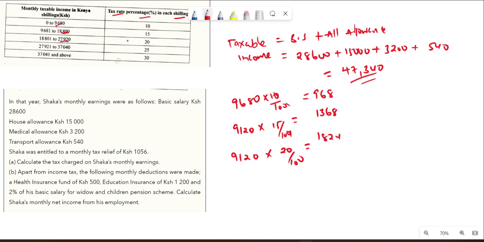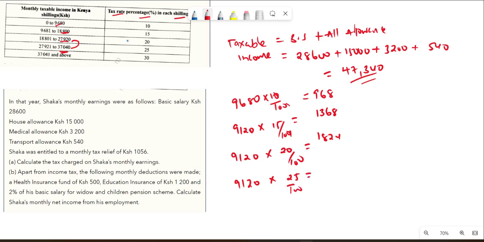We go to the next bracket, and now for us to know the next amount you're going to tax, we subtract 37,040 and 27,920, and this will still give us 9,120, and we multiply by the fourth percentage, which is 25 over 100.